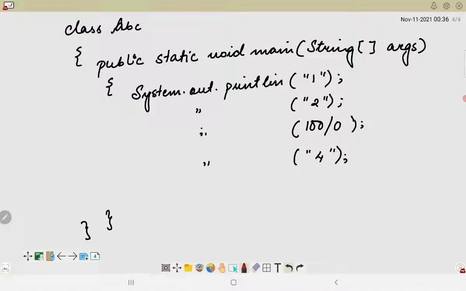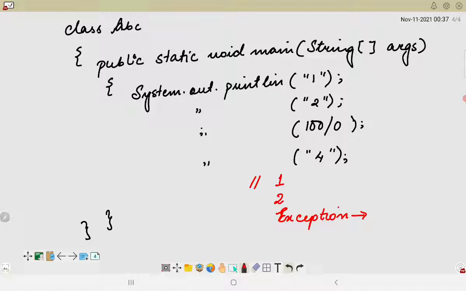My output would be generated only till 1, 2, and after that it will throw an exception.